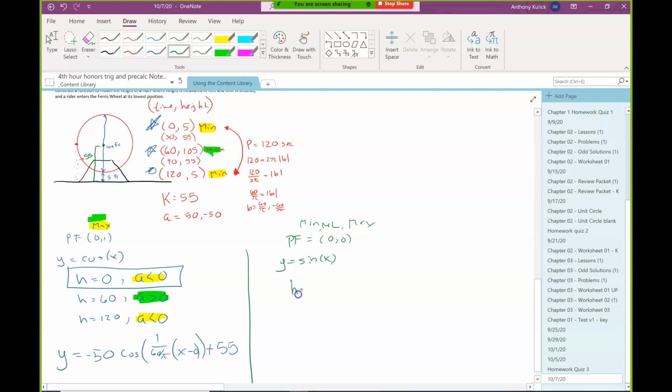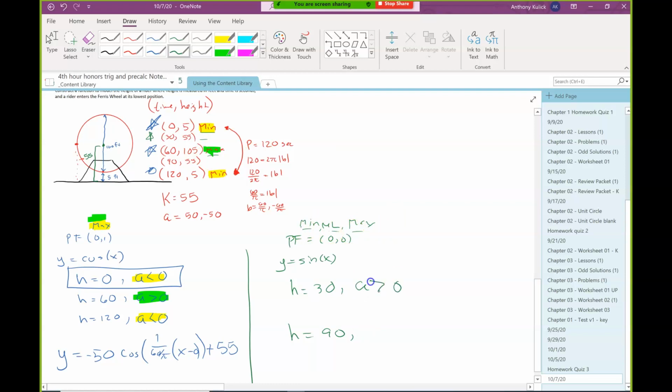So here, what would our h value be? Good. 30 or 90. Great. And if we picked 30, does the a have to be positive or negative? If I look at 30 here, from minimum to midline point to maximum, so that should be positive.